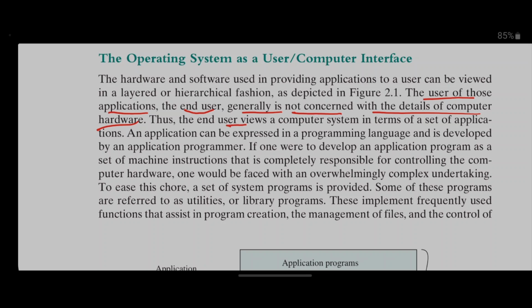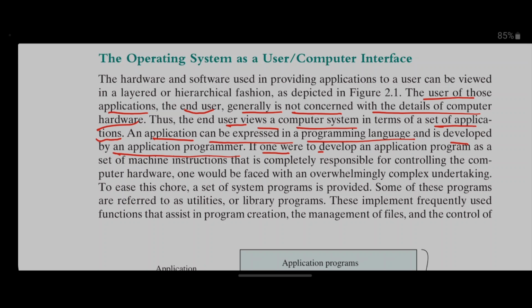Thus, the end user views a computer system in terms of a set of applications. An application can be expressed in a programming language and is developed by an application programmer.